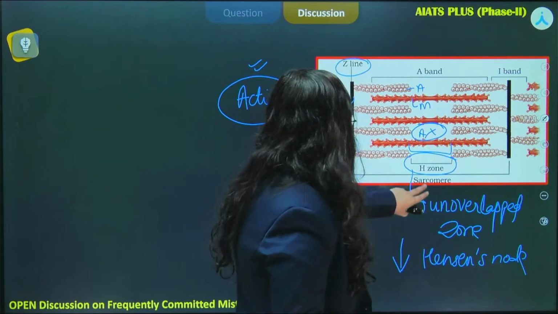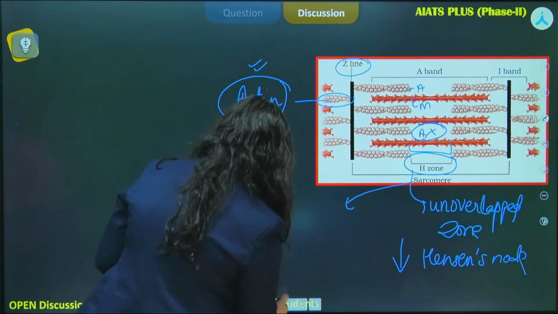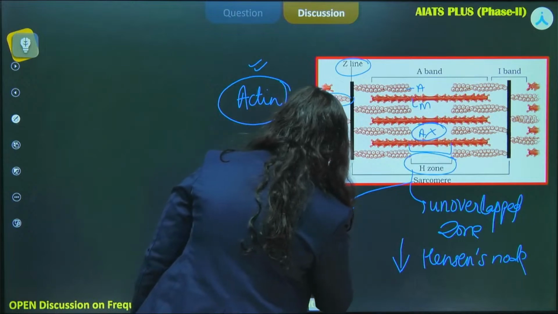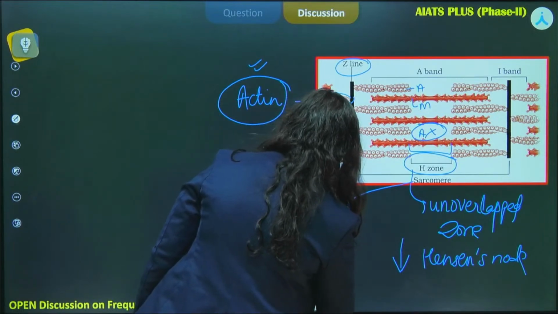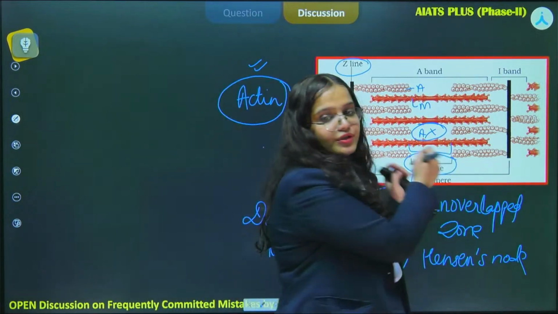Also, our sarcomere will decrease in size when contraction occurs, because the Z lines will move closer to each other.